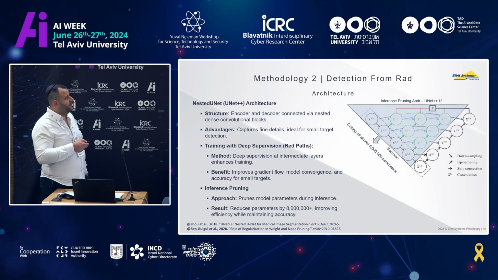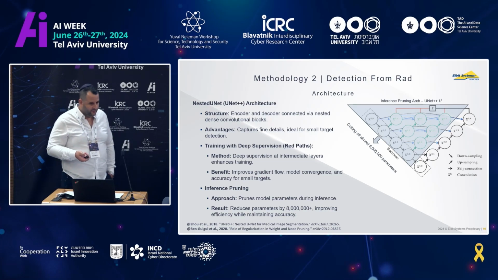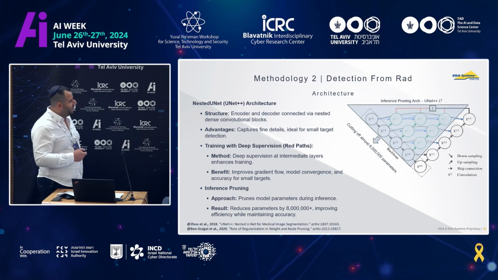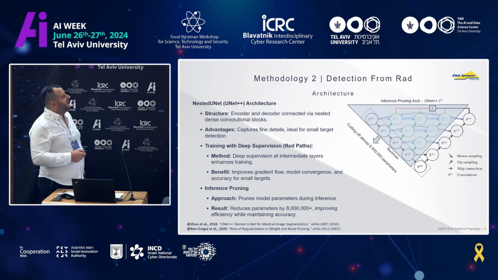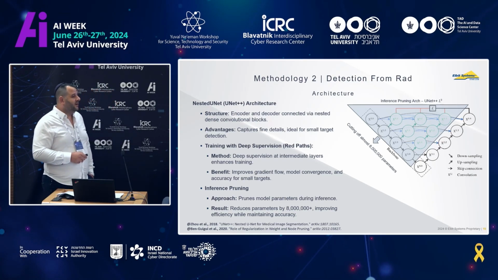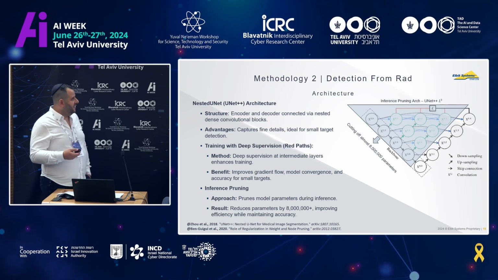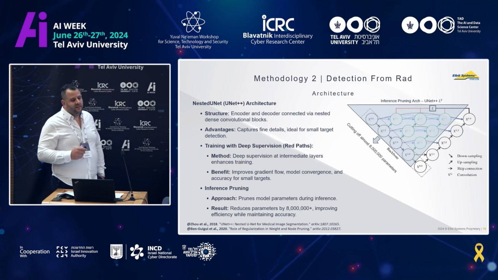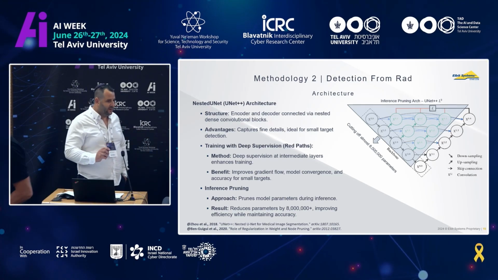You see, this is a very small unit, this small unit, the third unit, and of course on the whole model. This approach of inference pruning, of course, we used it. We train on the whole model, but we run inference only on what you see highlighted. Note that this cuts almost 8 million parameters from the model, which gives us a very efficient inference while maintaining the accuracy. To be honest, the accuracy was a bit better. Okay, a little bit, but it was better.